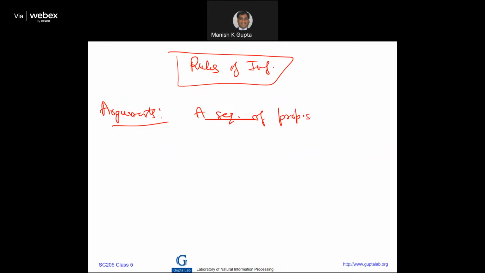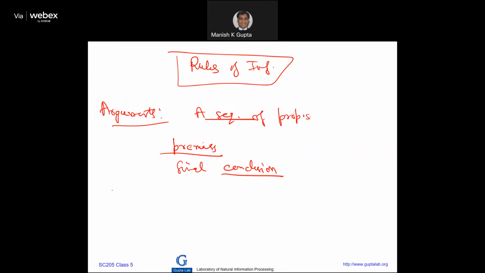Now let me come back. A sequence of propositions is known as an argument here. All the propositions in the sequence except the last are known as premises, and the final one is known as the conclusion.